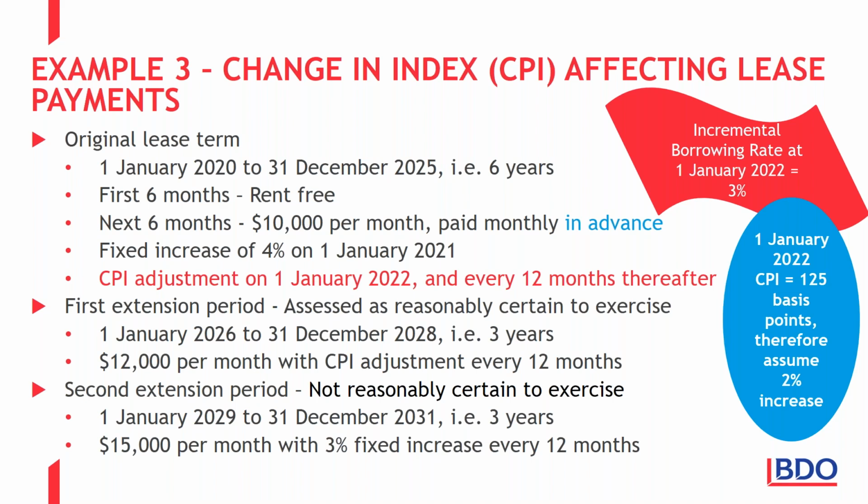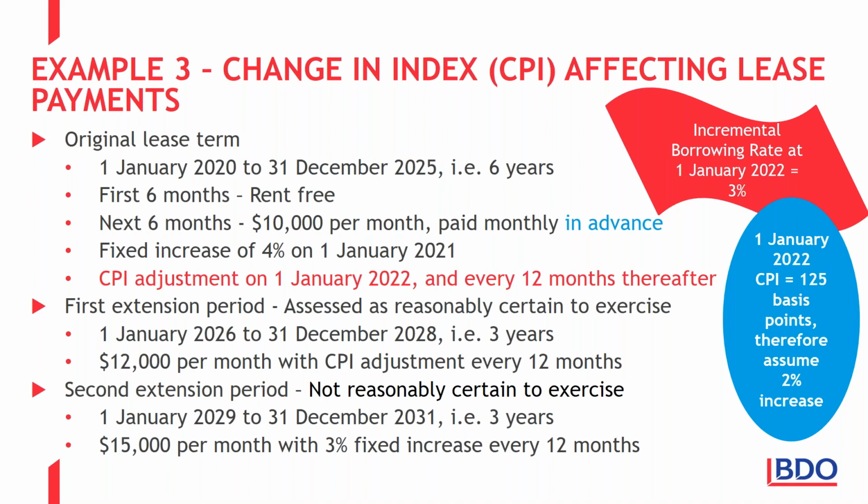I think it's really important to understand that although we often talk about CPI as a 2% or 3% or 4% increase, that is just shorthand for doing a comparison of the basis points today versus the basis points on day one when we entered into this arrangement. So CPI is an index, and we ignore future changes in that index.